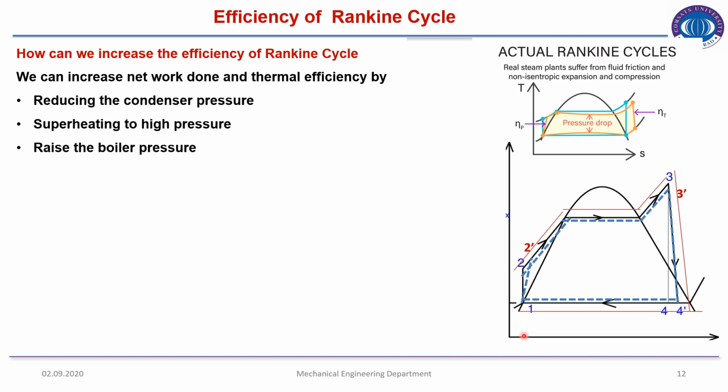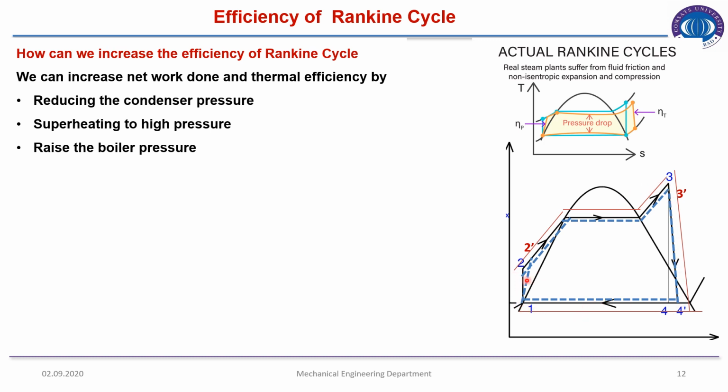The area beneath that enclosed figure and above the x-axis is the value of unavailable energy during the process. If we look at the figure closely, if we want to increase the efficiency of the Rankine cycle, the first method is to increase the area of that enclosed figure.